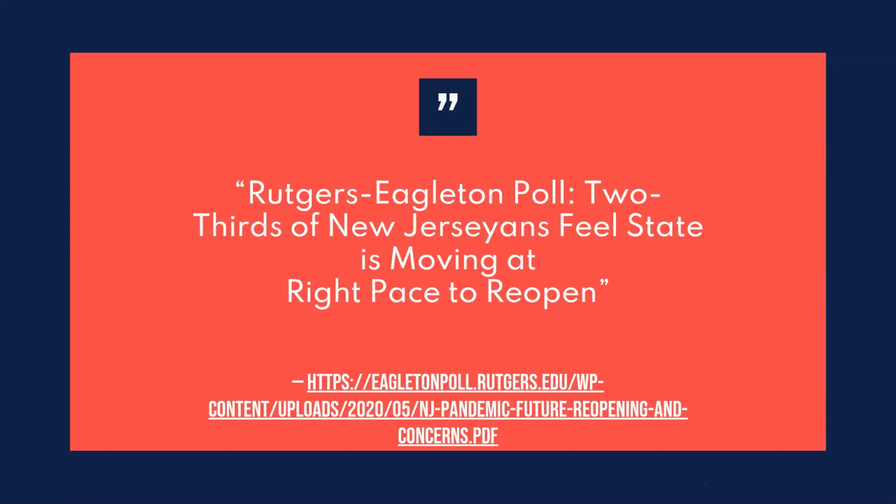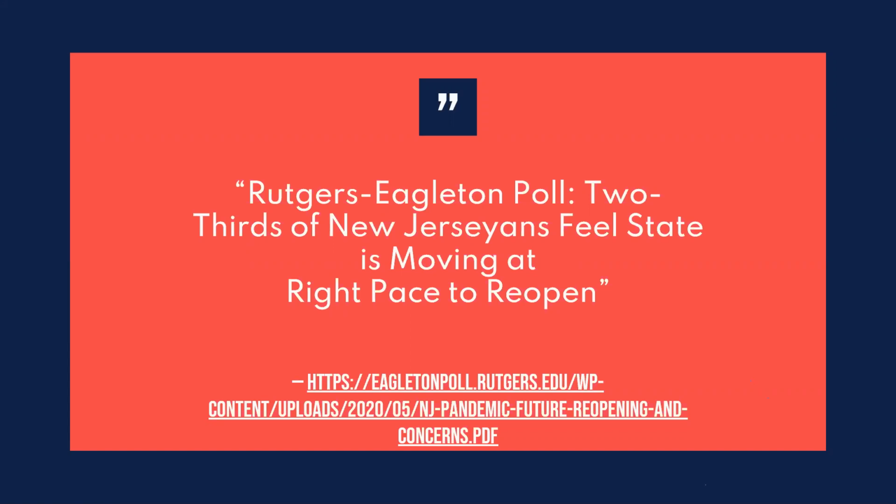So this is a poll that she actually recently did. What she said was that 2/3 of New Jerseyans feel the state is moving at the right pace to open. This was about the pandemic. Do you think my beautiful and talented wife was able to talk to 2/3 of everybody in New Jersey, or talk to everybody in New Jersey? No, there's just no way she could. You can't do that. But her poll wasn't wrong.